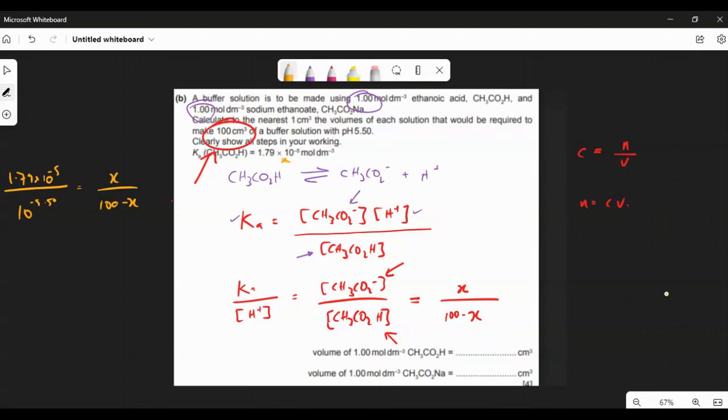Yeah, which is a strange number. 5.66 is equal to X over 100 minus X.